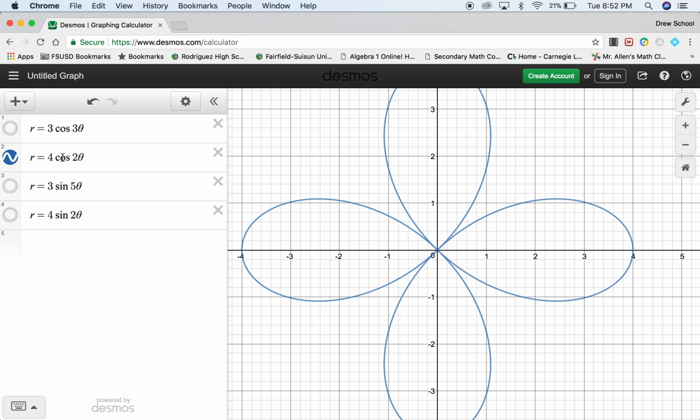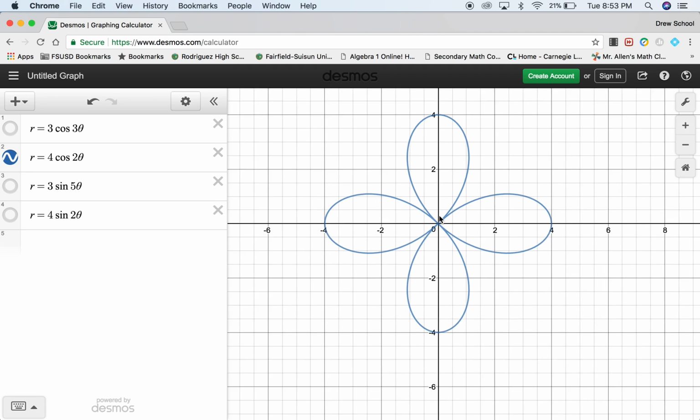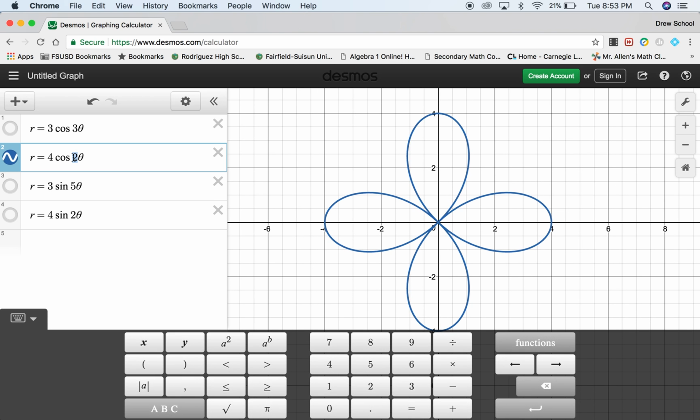Here we have 4 cosine of 2 theta. And our n value, I'm going to zoom out a little, our n value is 2, which is an even number. Since n is even, it's symmetrical over the y-axis, the x-axis, and the origin.